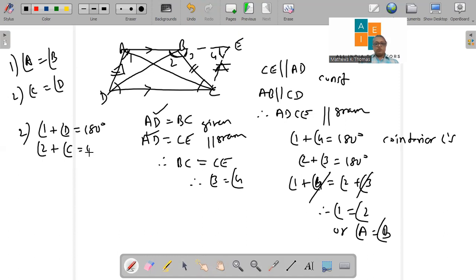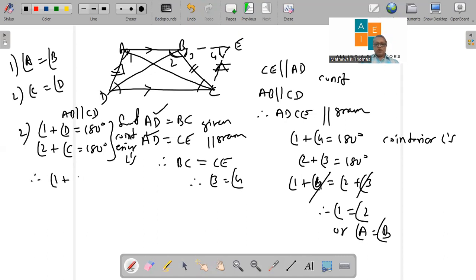2 plus C is also 180. Both because they are co-interior angles. The sum of co-interior angles add up to 180. So AB and CD are parallel lines, right? It's given to us. So these are co-interior, consecutive interior angles.